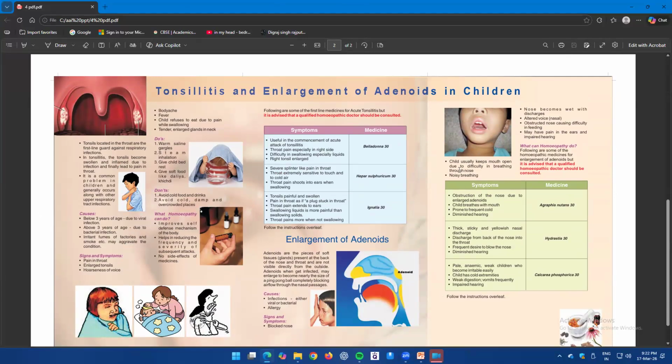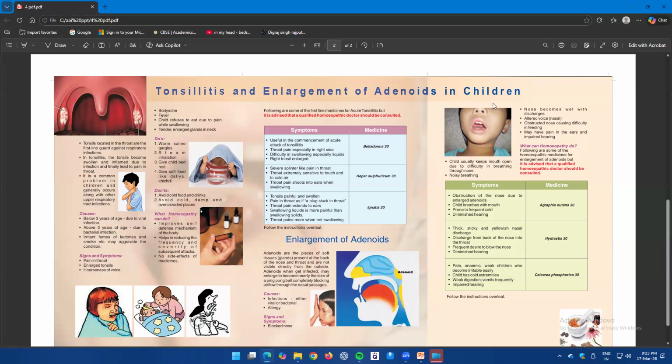In these conditions, the child usually keeps his mouth open due to difficulty in breathing through the nose. Noisy breathing, disturbed sleep, snoring, nose wet with discharge, altered voice, nasal obstruction, and maybe severe pain in the ears. These are the clinical presentation.